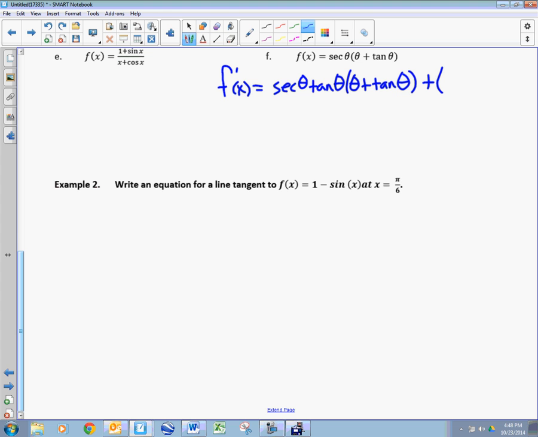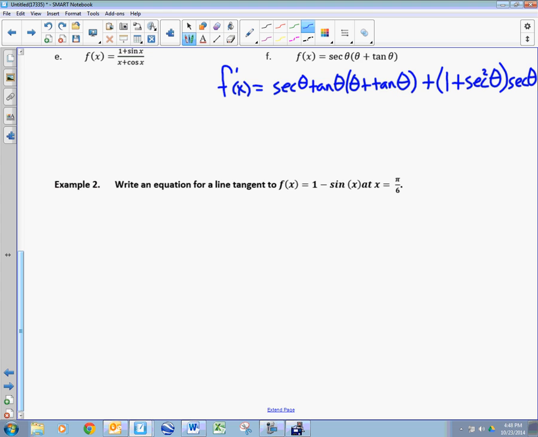Well, the derivative of theta is 1. The derivative of tangent is secant squared of theta, and we will multiply that by secant of theta. The product rule is set up.